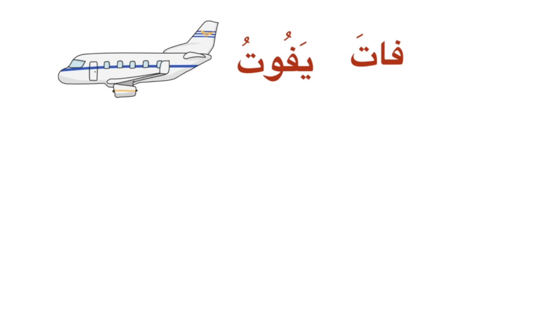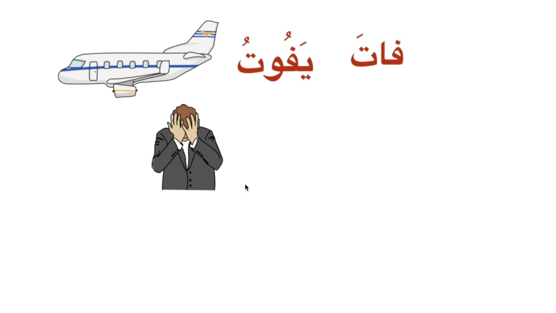But in fata yafutu, it means to miss. So here it doesn't mean that he missed. Here the fa'il is something else. So the thing which is missed becomes the fa'il and he becomes a maf'ulun bihi. That's the change here. So we need to know. For example, if you miss a plane, so the plane becomes the fa'il and he becomes a maf'ulun bihi.